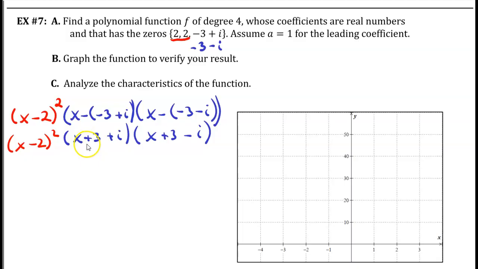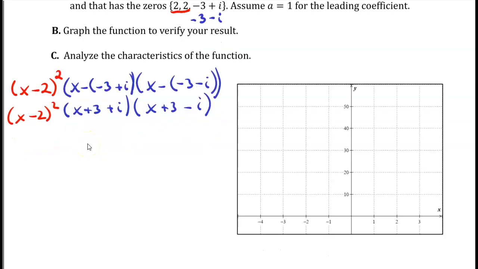All right. So you'll notice we have a pattern here. We have something plus something times the same something minus the same something. Believe it or not, that's like a difference of squares. So that's the same as doing this.